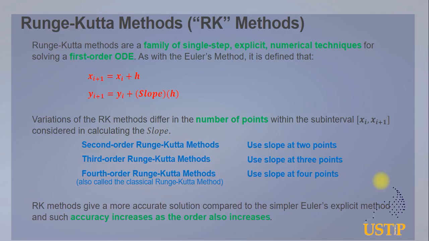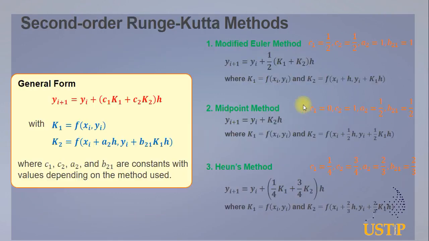And for the fourth order, also called the classical Runge-Kutta method, we will be using the slope at 4 points. RK methods give a more accurate solution compared to the simpler Euler's explicit method, and such accuracy increases as the order increases. So how are we going to solve for that?